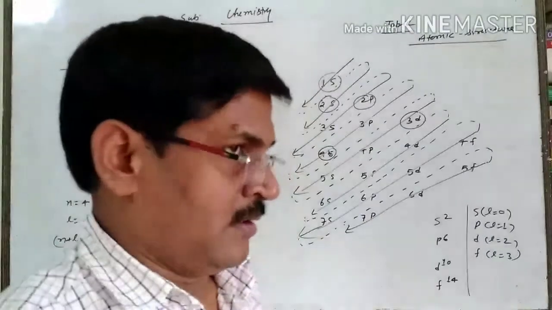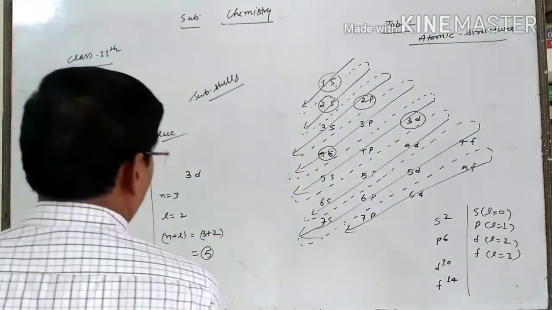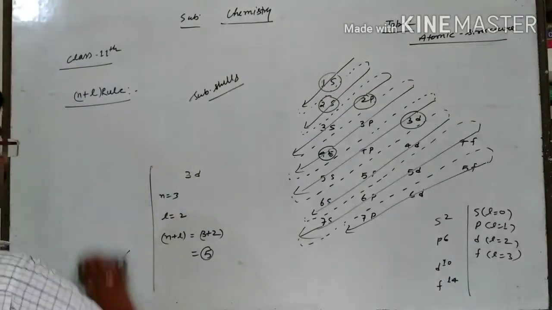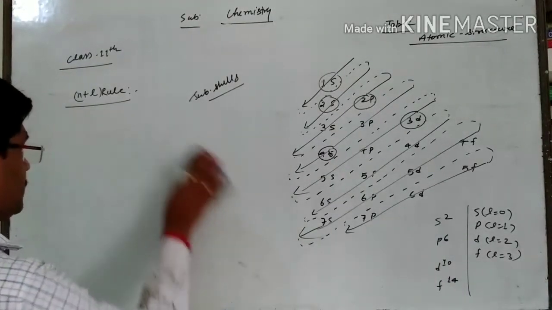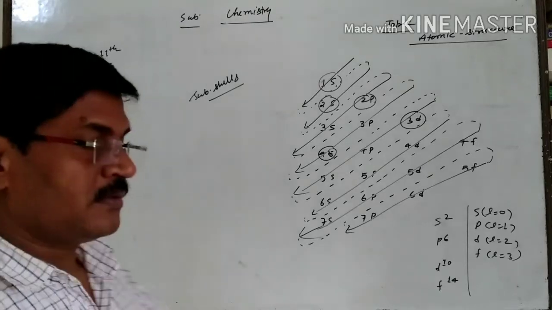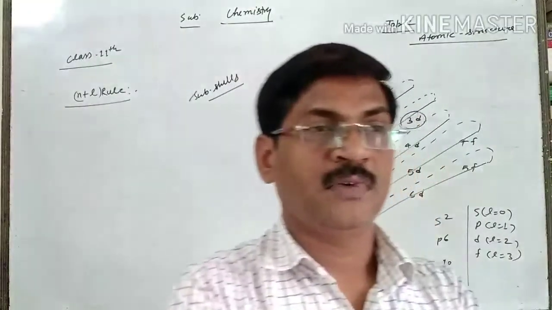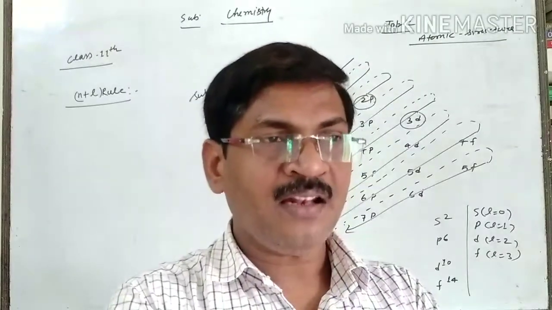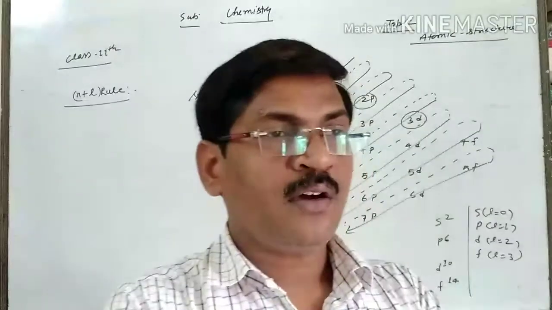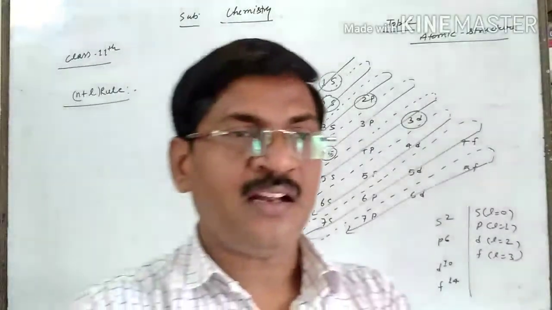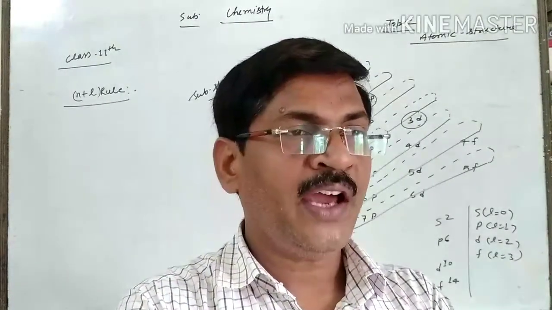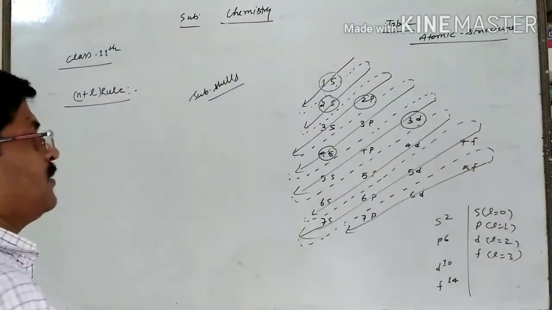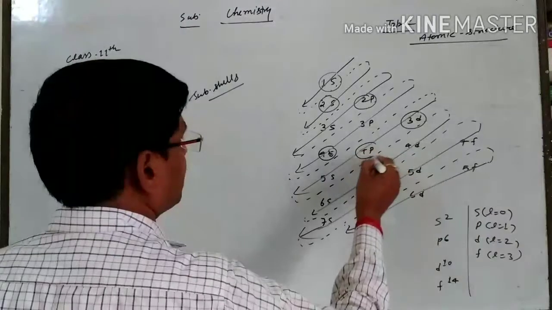After that, one more problem will come which I have to solve. Suppose you are doing the configuration, but for two subcells the value of n plus L is coming the same. Then the electron will firstly enter the one having the lowest value of n, the principal quantum number. Suppose I have taken 3d and 4p.